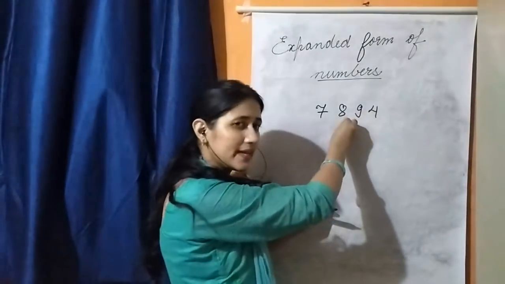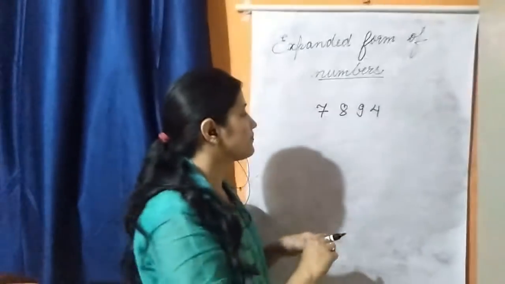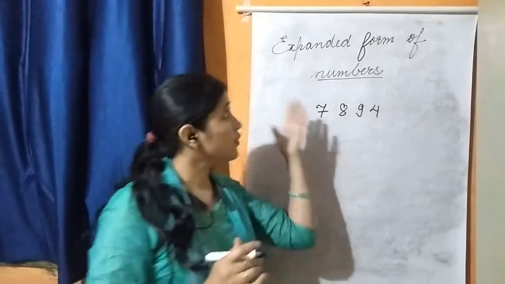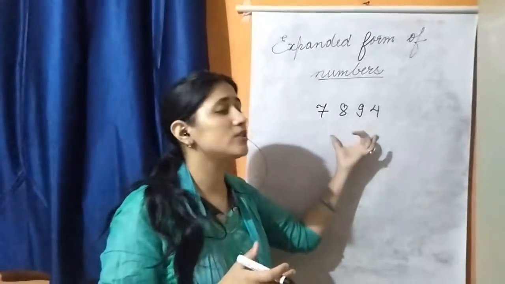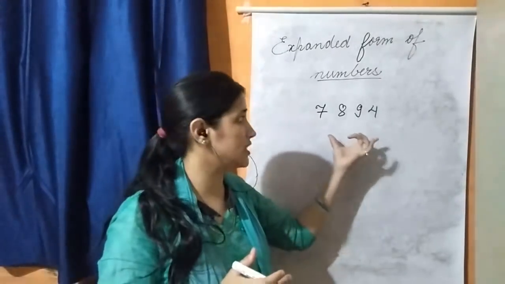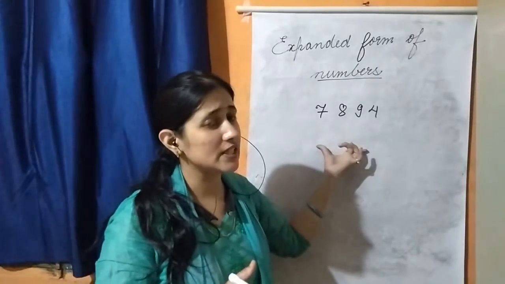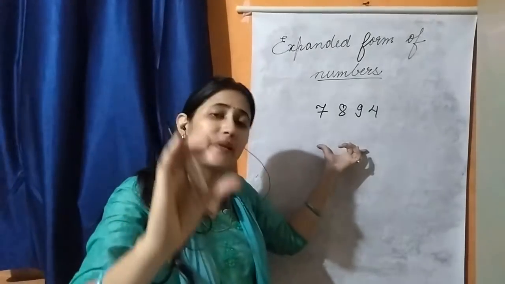We have combined according to the place values. Okay, now firstly what we will do, before writing the number in expanded form, firstly we will find out the place value of each digit. Why will we find out the place value of each digit? Firstly, because expanded form is the sum of place values only.